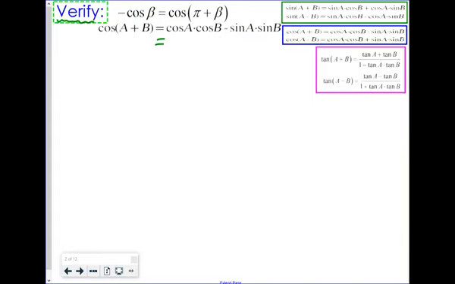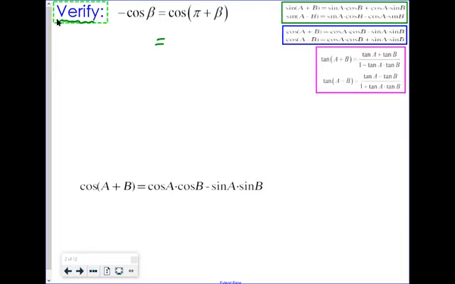When you're writing out these identities, directly underneath this, we're going to write something that it is equal to, that it can be replaced by. That's how you have to lay out your work. So cosine of something plus something can be replaced using this identity.